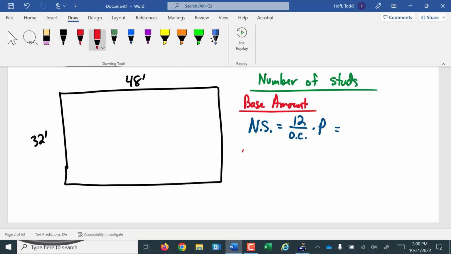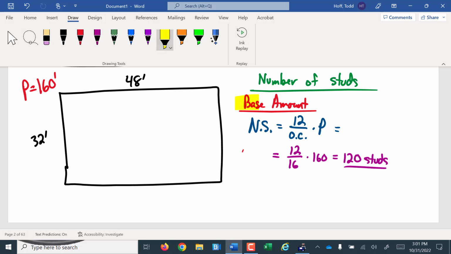And so here we just need to find the perimeter. The perimeter is going to be 160 feet, correct? If I add that up. So the estimated number of studs is 12 over 16 for the on-center spacing times 160 feet, which gives us 120 studs.